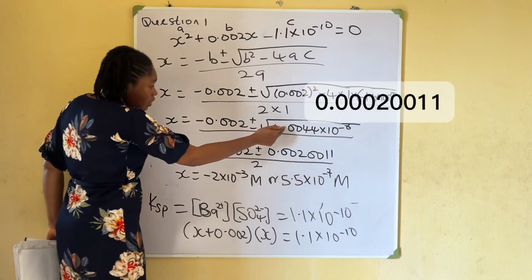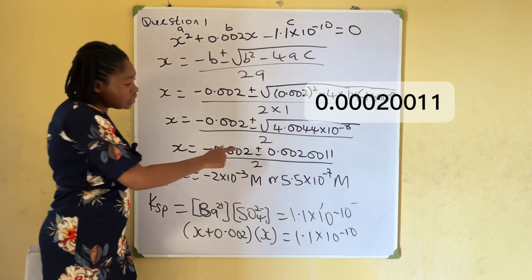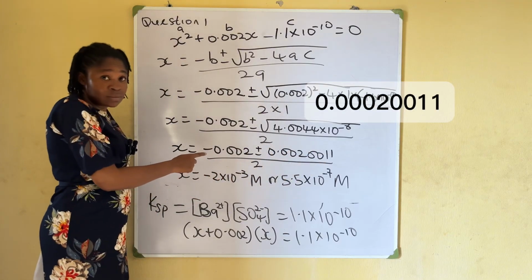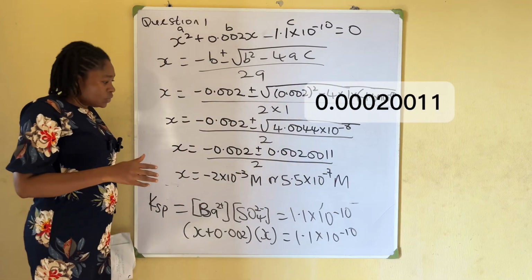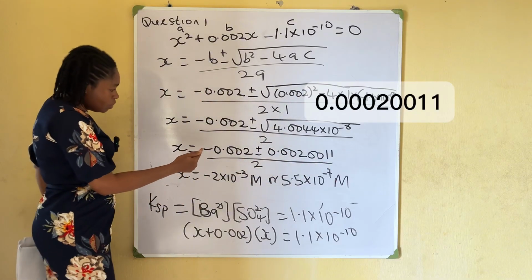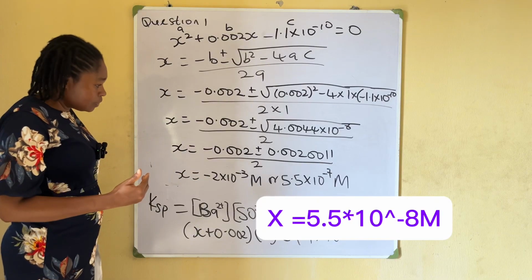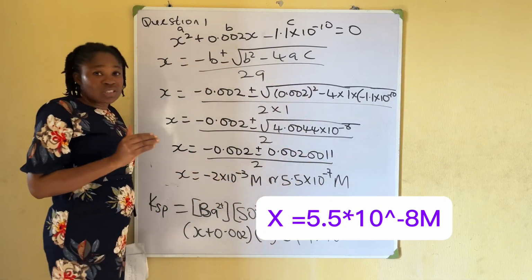The square root of this is 0.0200011. When you divide it by 2, S is 5.5 times 10 raised to the power minus 9.